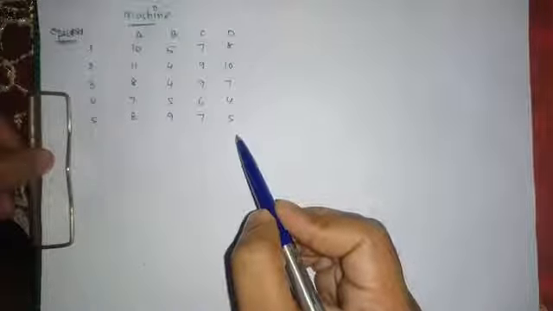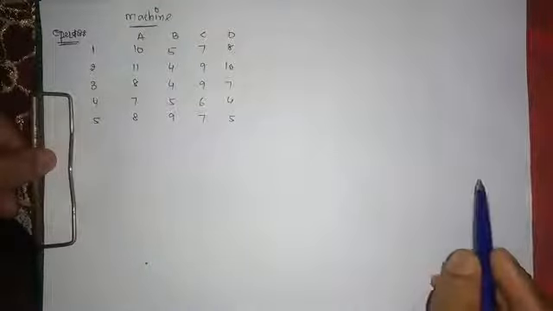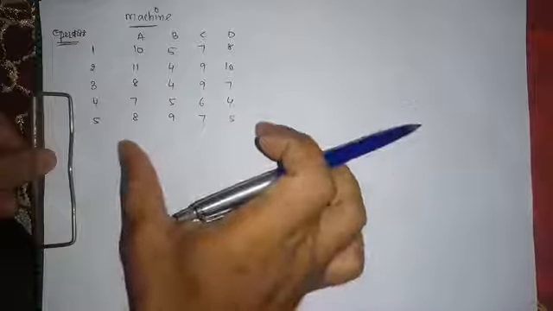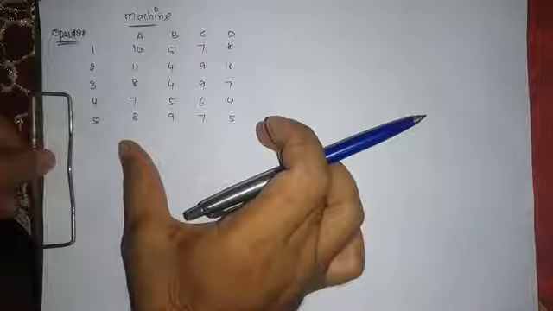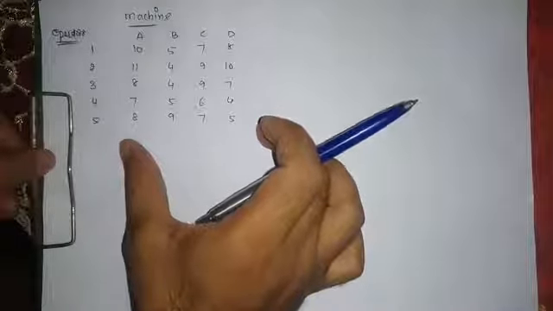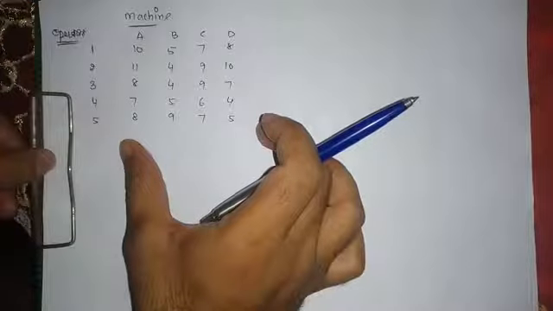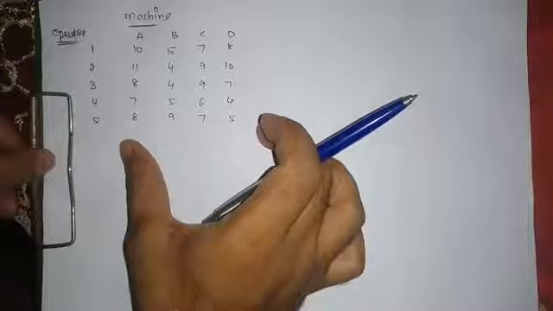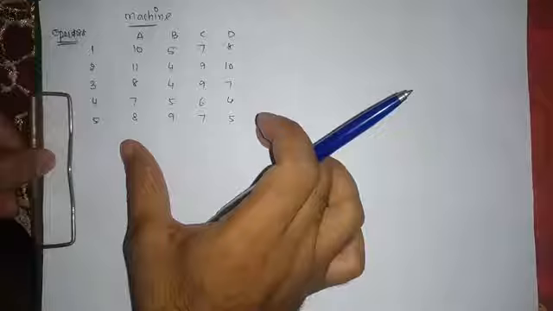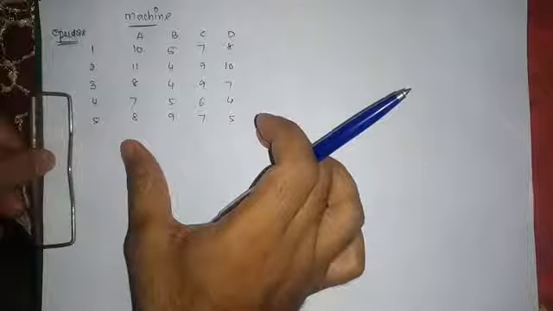In that case, what will be our first step? To convert that unbalanced problem into balanced one. Okay, and how to convert unbalanced problem into balanced one? By introducing dummy row or column, whichever is required for a particular problem.